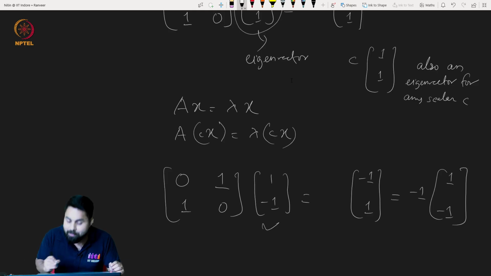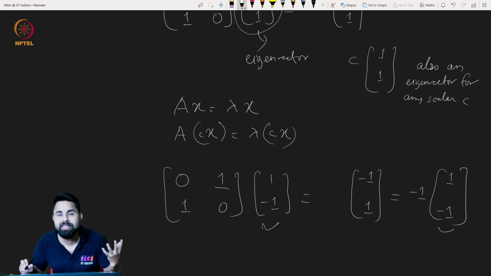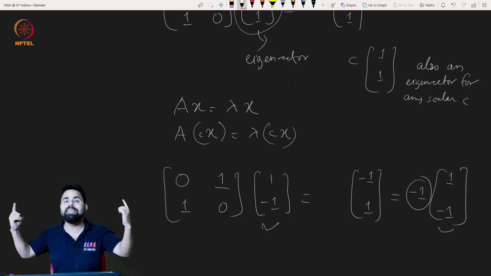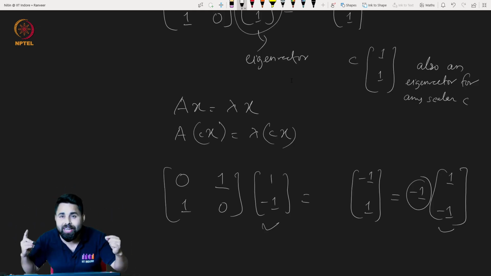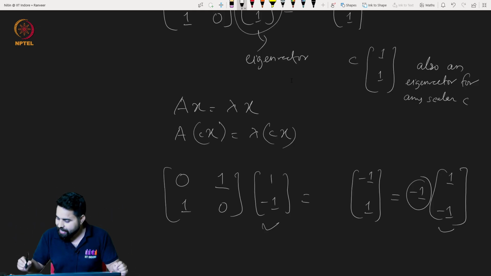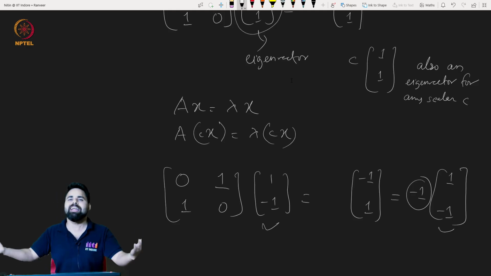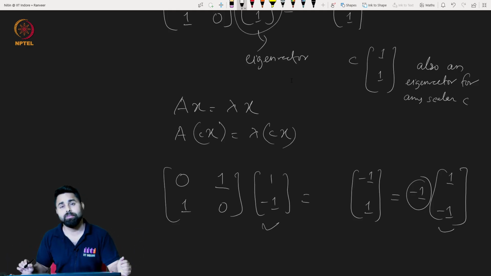If you see this input and this output, the output is nothing but some scaling of the input. The scaling here is minus 1. So minus 1 is also an eigenvalue, and one of the corresponding eigenvectors is 1 and minus 1, and any scaling of 1 and minus 1 is still an eigenvector corresponding to this.